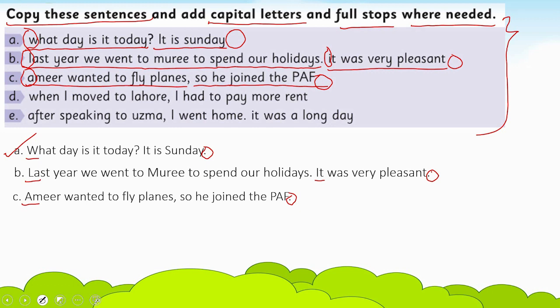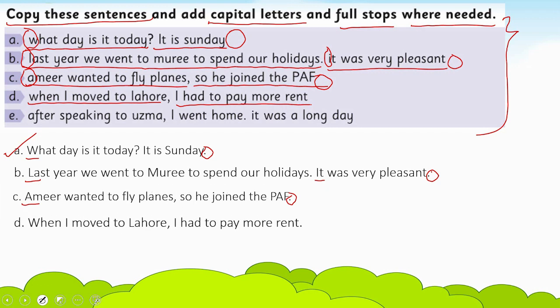The next one is, "When I moved to Lahore, I had to pay more rent." Here again, you are clearly seeing that W is not capitalized, and in the correct sentence, W is capitalized.